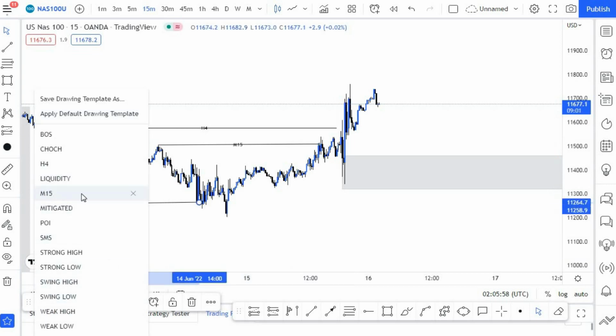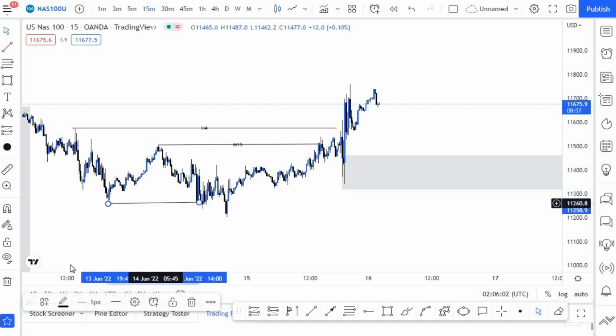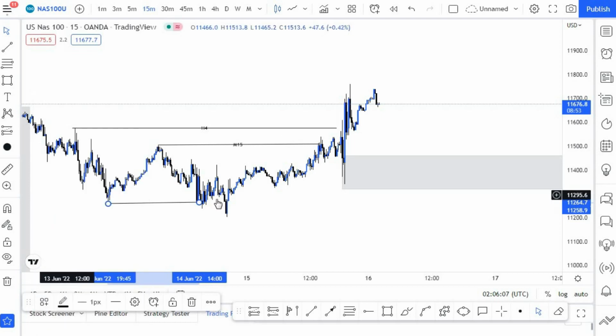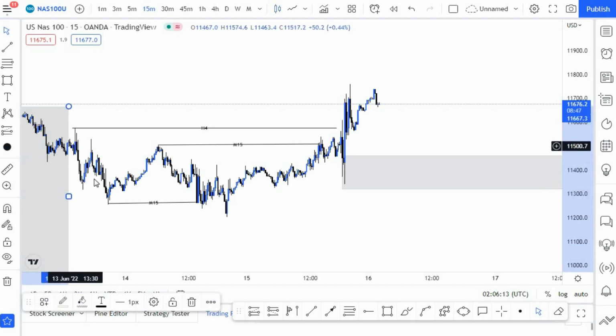I love to do something like this while I'm in 15 minutes. So I will know that the price is coming from a demand zone. You see, I know that the price is coming from a daily demand zone area, and we have a continuation pattern.